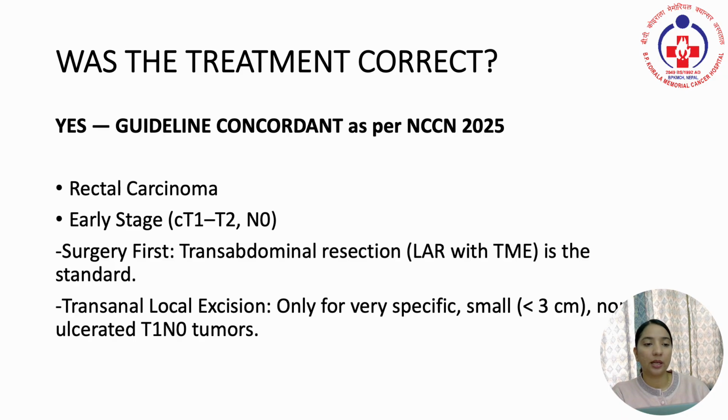In the recent NCCN guideline for rectal carcinoma, as in our case, an early stage carcinoma with N0 disease, it recommends as first line treatment transabdominal resection, LAR with TME, as the standard procedure. For smaller lesions less than 3 centimeter, which are very small, specific non-ulcerated T1 N0 lesions, they recommend transanal local excision.